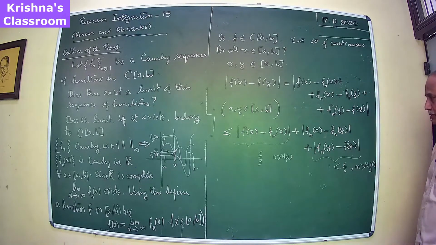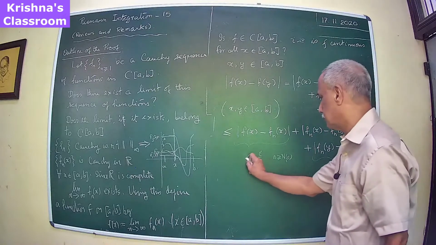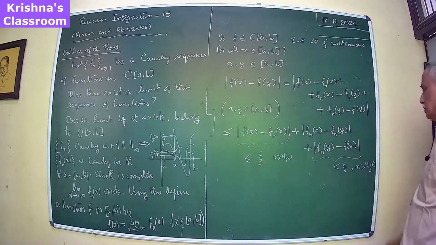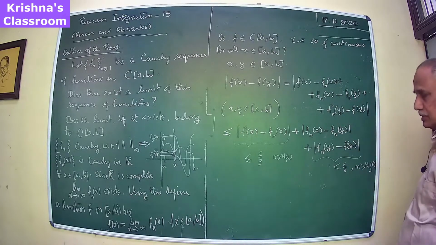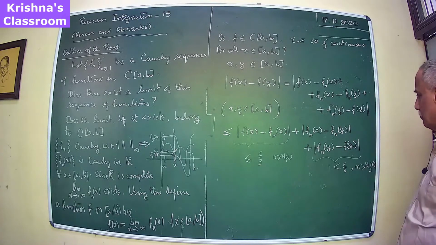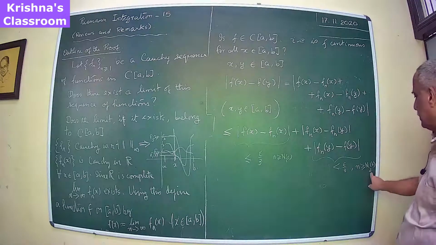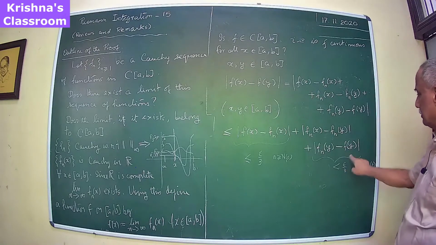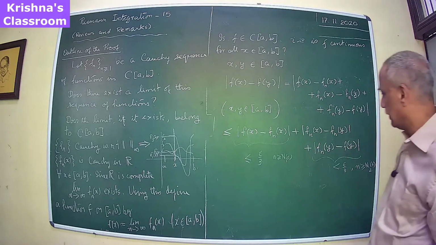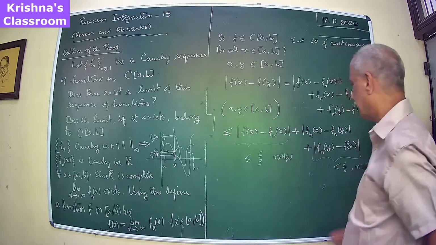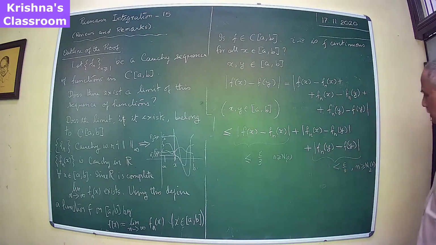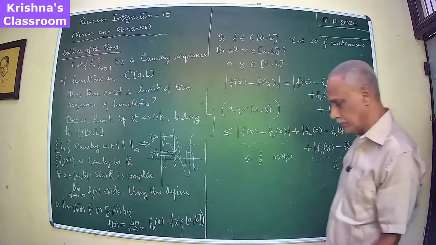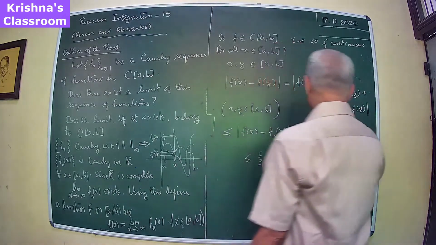Okay? So this is simply using convergence. So for all n greater than or equal to n2, this is less than epsilon by 3. This is also less than epsilon by 3 for all n greater than or equal to n1. The two numbers may be different. What about this?